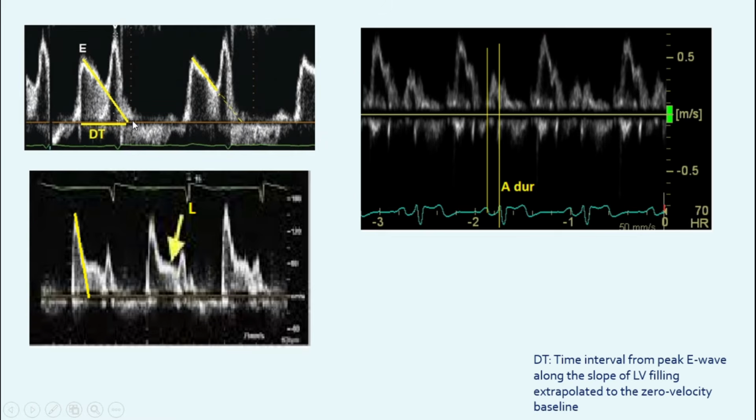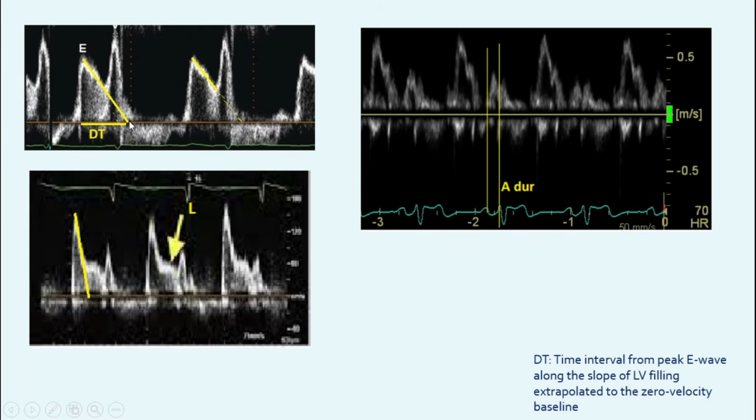I noticed even some cardiologists finish the E slope at the end of the A, and that is not right. As you see here in this image, this measurement is not correct. We have to start at the E peak and go parallel to the slope and continue until it meets the zero line.